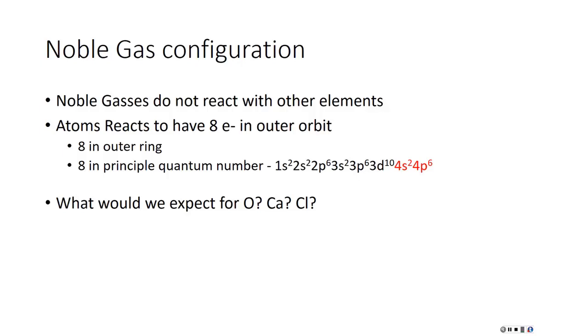So it has 6 electrons in this outer orbit. Do you guys think it's easier for it to gain 2 electrons and get to 8, or get rid of all 6 electrons there? To gain 2 electrons. And this is exactly what it does. It gains 2 electrons to get to 8.